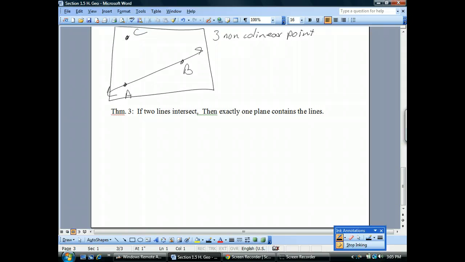Theorem 3 says if two lines intersect, that's the condition, that's what we have to have, then exactly one plane contains the lines. Okay, well, to have exactly one plane, I have to have three non-collinear points.